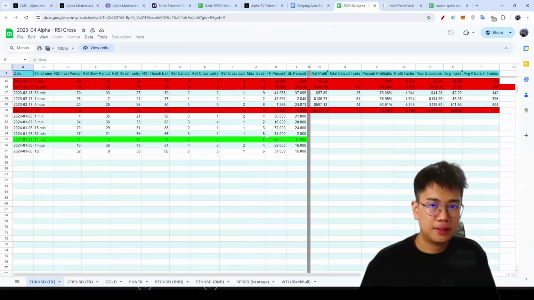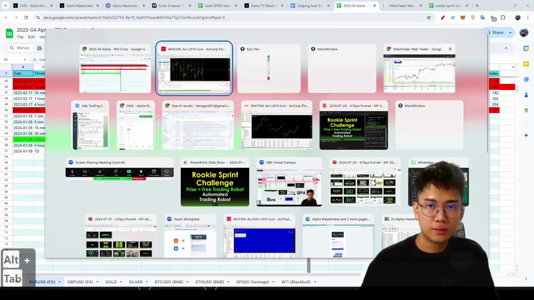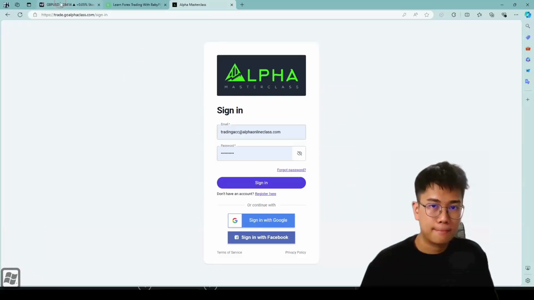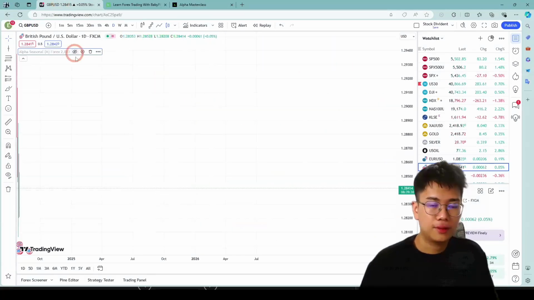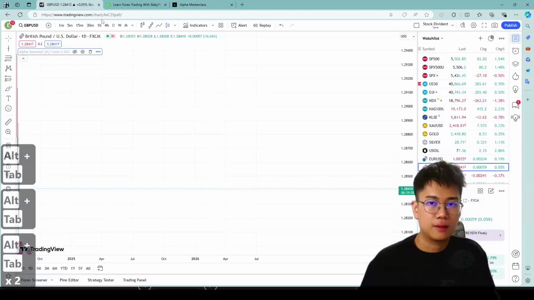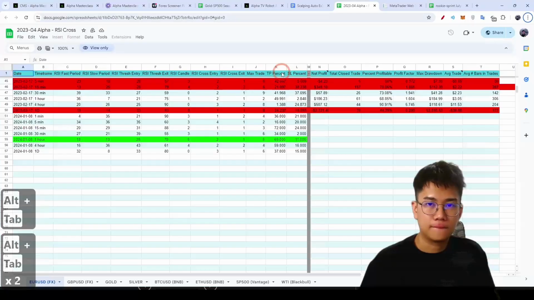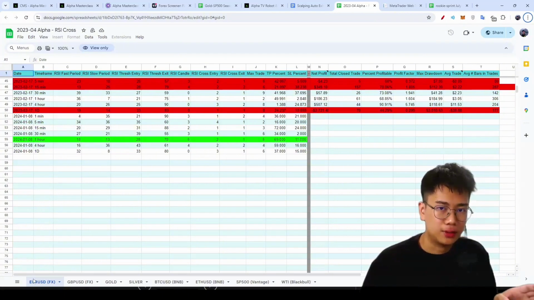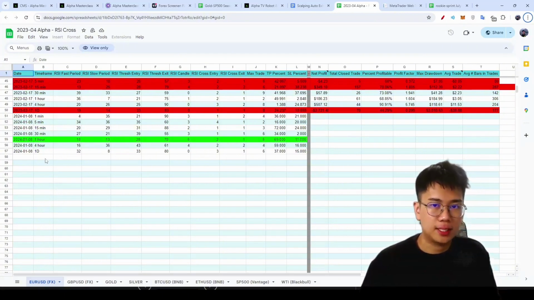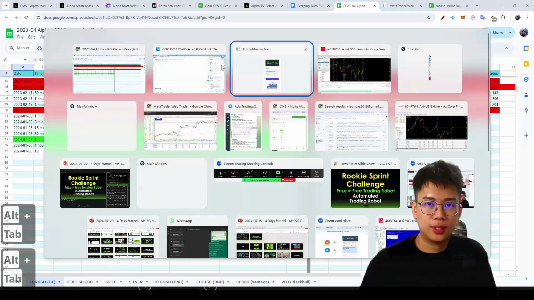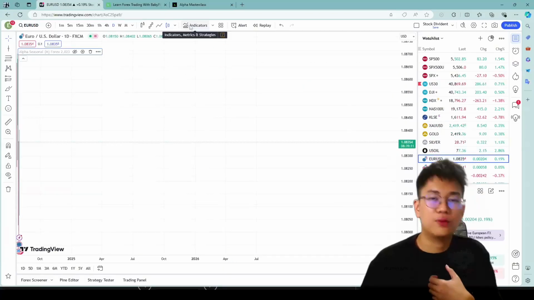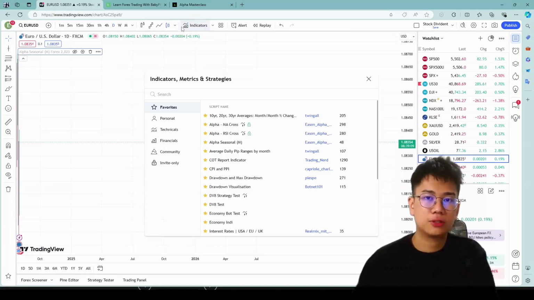In this setting table, what you guys can do is go into TradingView. These are all the markets available for you, like Euro USD. Let's say I go for Euro USD, and you can call out the RSI that we have coded for you guys. You can just request it from my team.